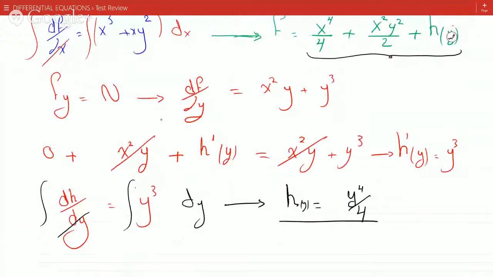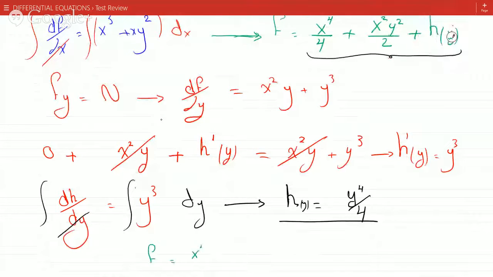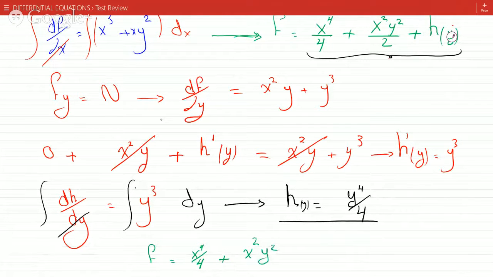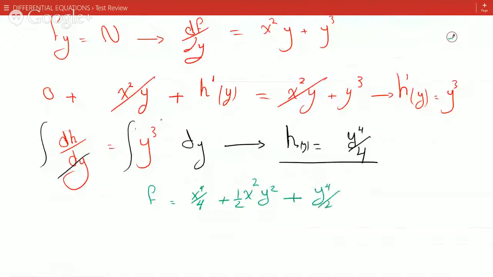So f will be x to the 4 over 4 plus x squared y squared times half plus h of y, which is y to the 4 over 4.